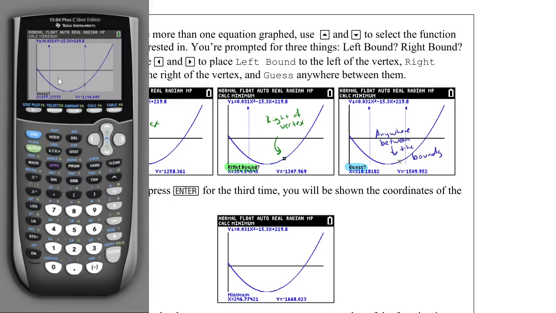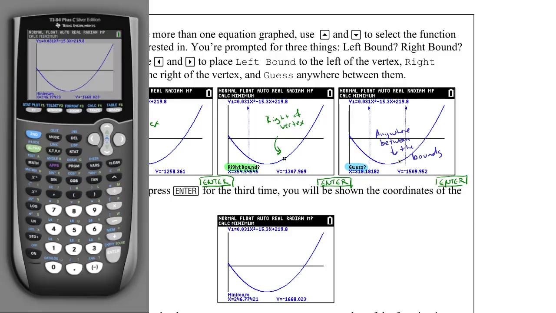And now we see that the vertex is between these two little vertical lines. So we've told the calculator where to look for a minimum. And now we put the cursor anywhere in between and hit enter, and that gives us the minimum. So again, after each prompt, we hit enter to go to the next prompt. And after we get the last prompt, we hit enter to get the result.